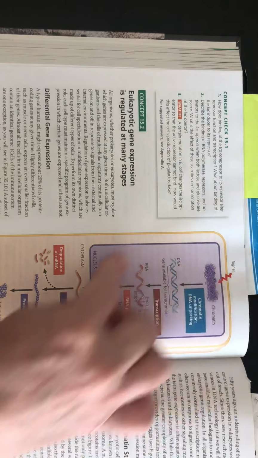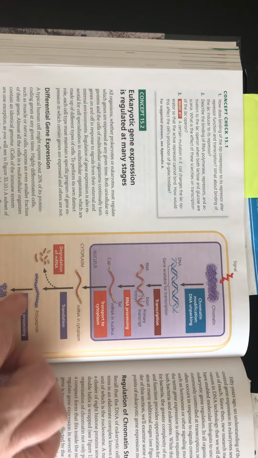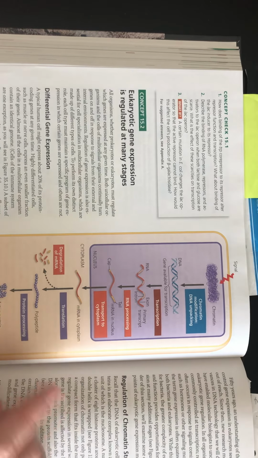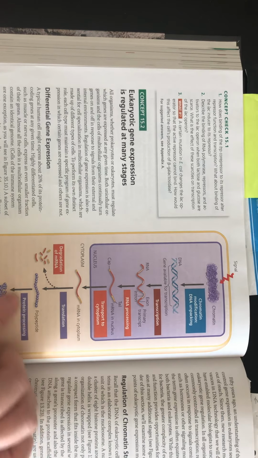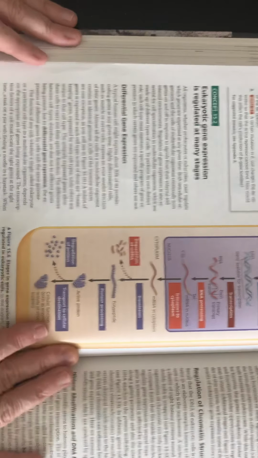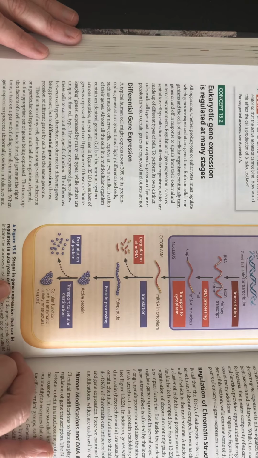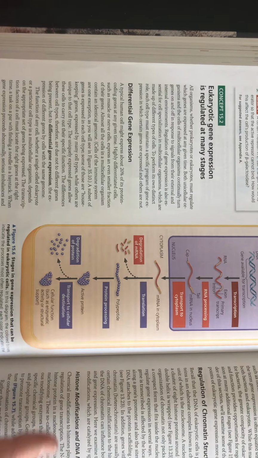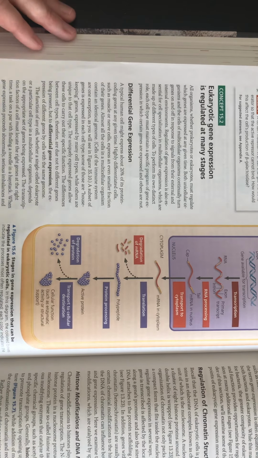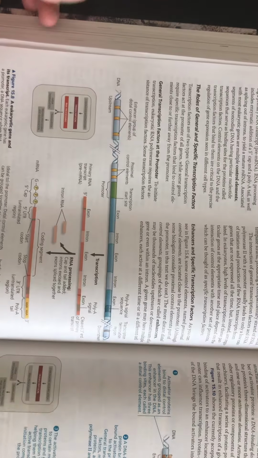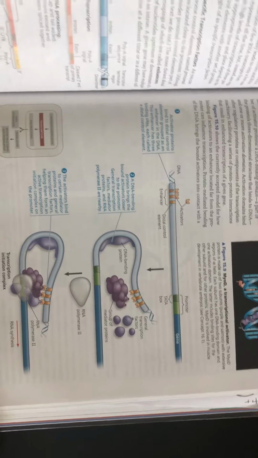This purple bubble's our nucleus, and it goes to the ribosomes and gets translated. It makes a protein, and then the protein does all its folding, and then it's either used, shipped out, or degraded. But the process of turning all of this stuff on is going to be on page 311.